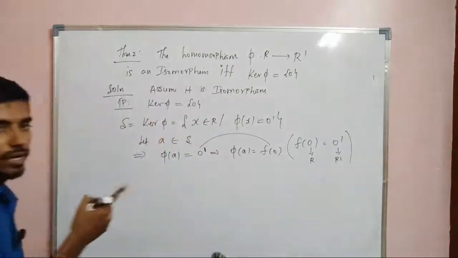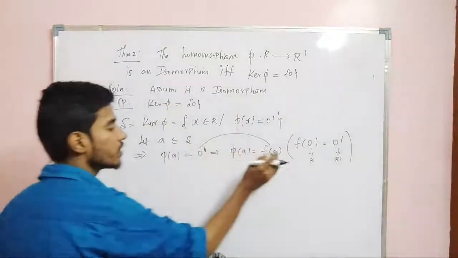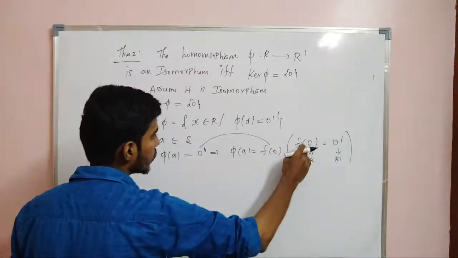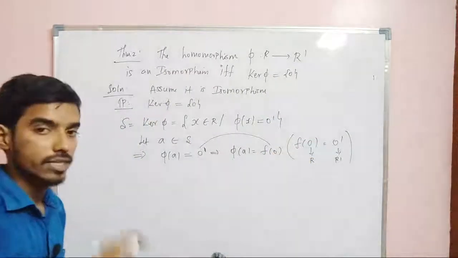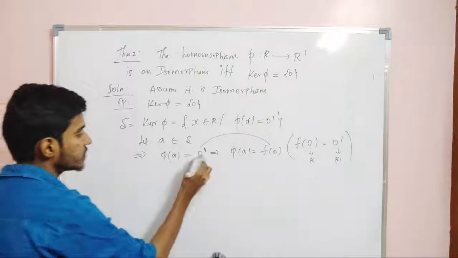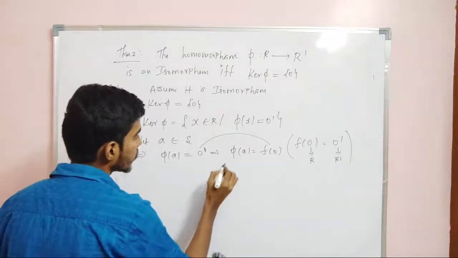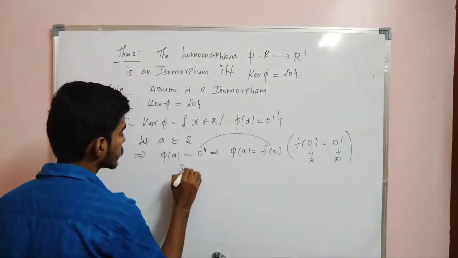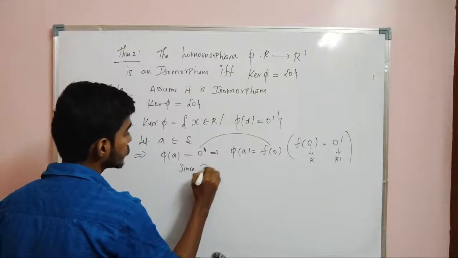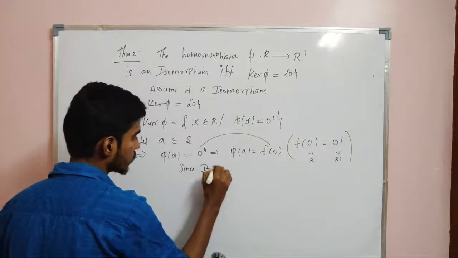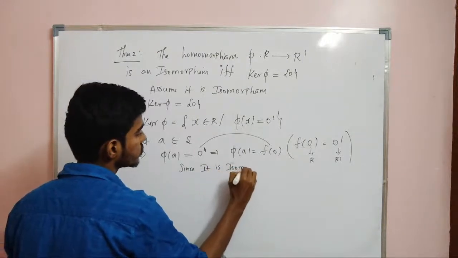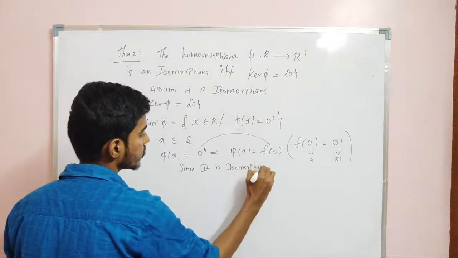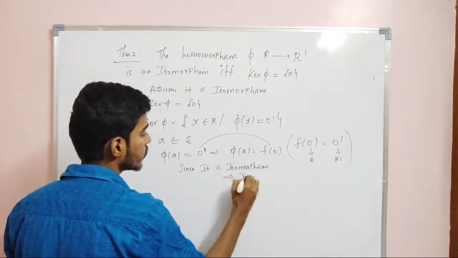So by the definition of isomorphism, we know that the identity element will always map to the identity element in the codomain. So therefore I can write 0 dash as f of 0, and since by assumption it is an isomorphism, this implies it is 1 to 1 also.